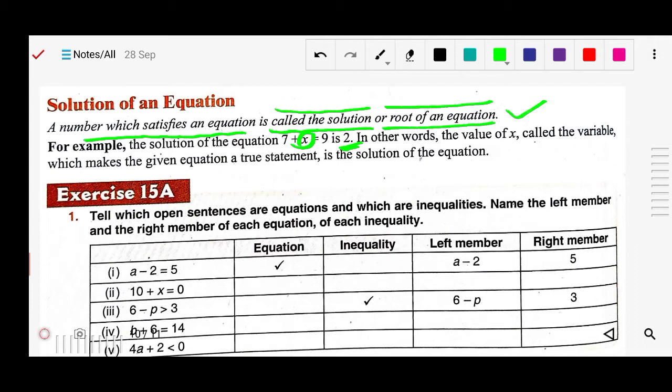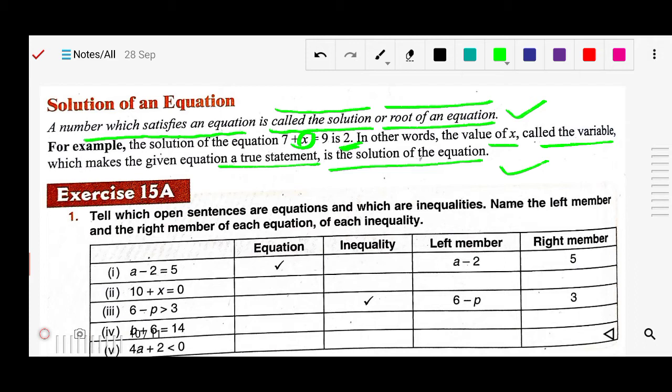In a word, the value of the variable which makes the given equation a true statement is the solution for the equation. As I mentioned, x, a, b, c, any letters, are literal variables, and it can be any alphabet.